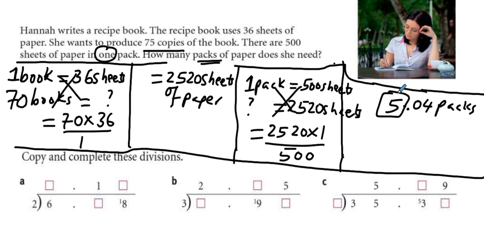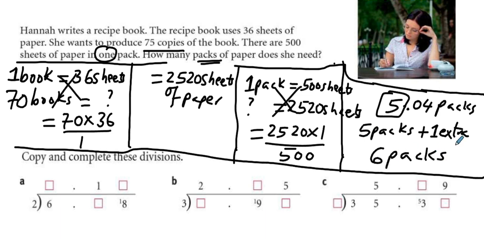So you are going to ask for 5 packs plus 1 extra, and 5 plus 1 gives you 6 packs. So you can ask from any shop for 6 packs, they can sell it to you, but they can't sell 5.04 packs.